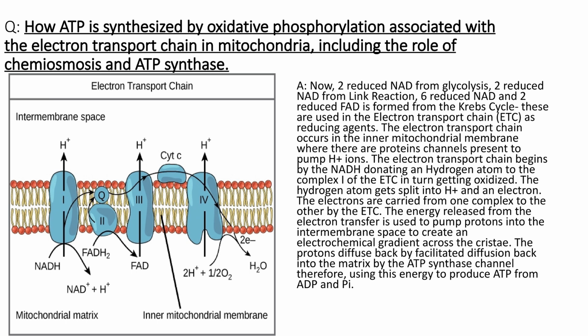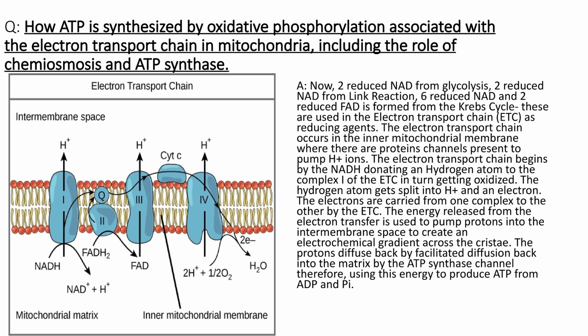The electron transport chain occurs in the inner mitochondrial membrane, where there are protein channels present that pump the H plus ions into the mitochondrial intermembranous space to create an electrochemical gradient. The electron transport chain begins with the NADH donating a hydrogen atom to complex 1 of the ETC, in turn getting oxidized.